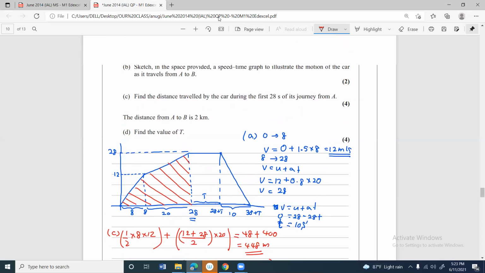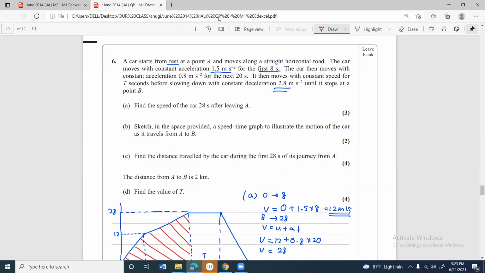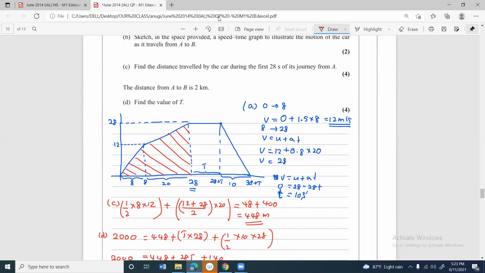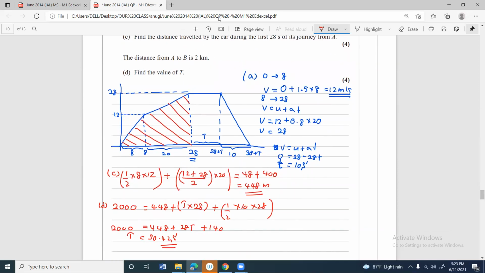I'll just scroll a little bit down and get it. I hope this answer is fine. Let's just recap this answer. I think it's fine.